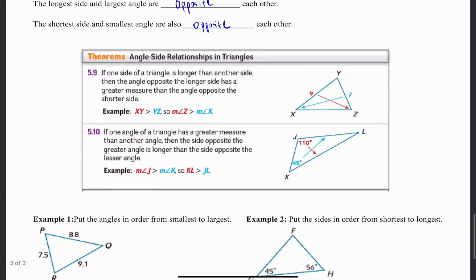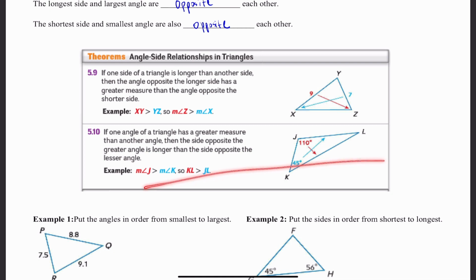If one side of a triangle is longer than another side, then the angle opposite the longer side has a greater measure than the angle opposite the shorter side. If one angle of a triangle has a greater measure than another angle, then the side opposite the greater angle is longer than the side opposite the lesser angle.